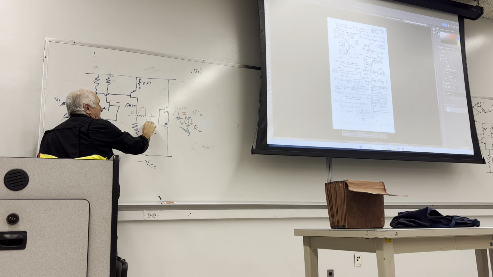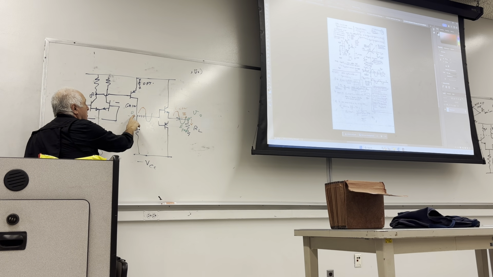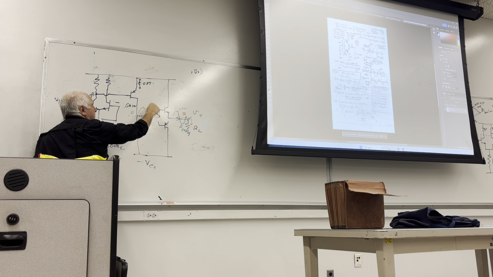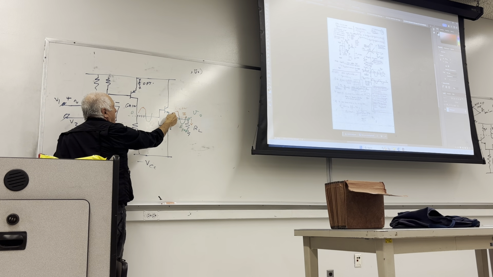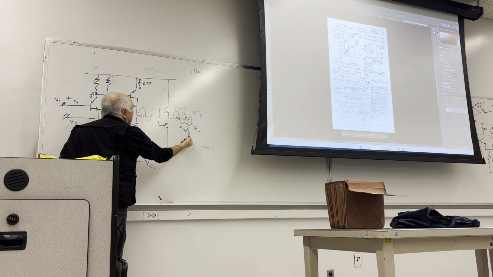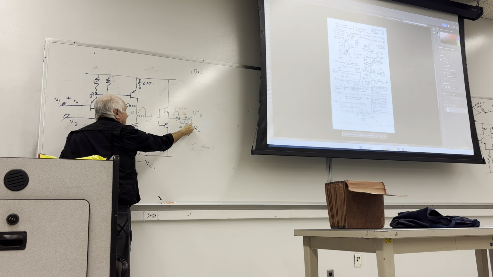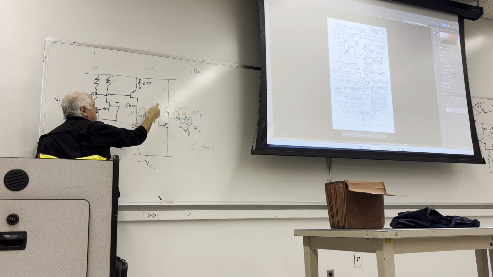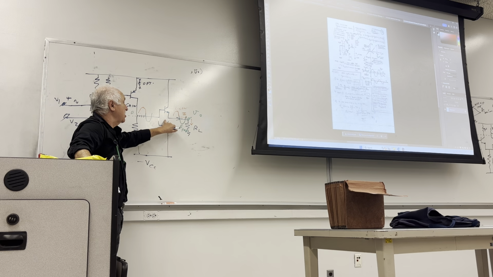Because without one, yes, when voltage was positive, emitter will follow with an offset of 0.7 down from here, it will go positive. But when we get to zero and the current has to reverse, if this goes negative, the current has to come in. The top one won't be able to do that because this is only sourcing current.